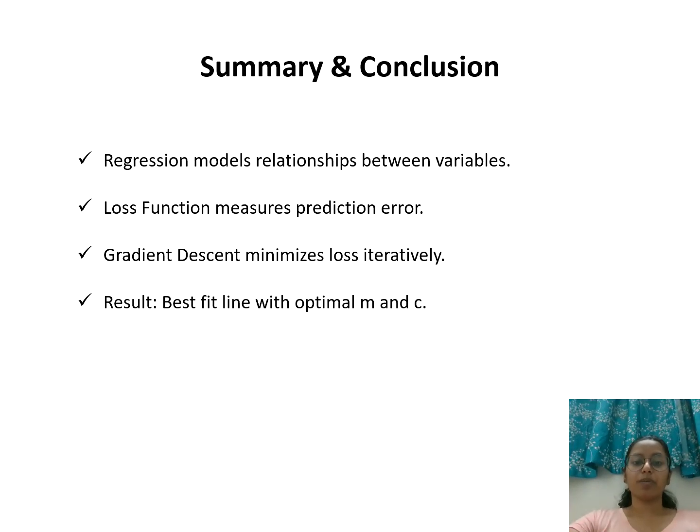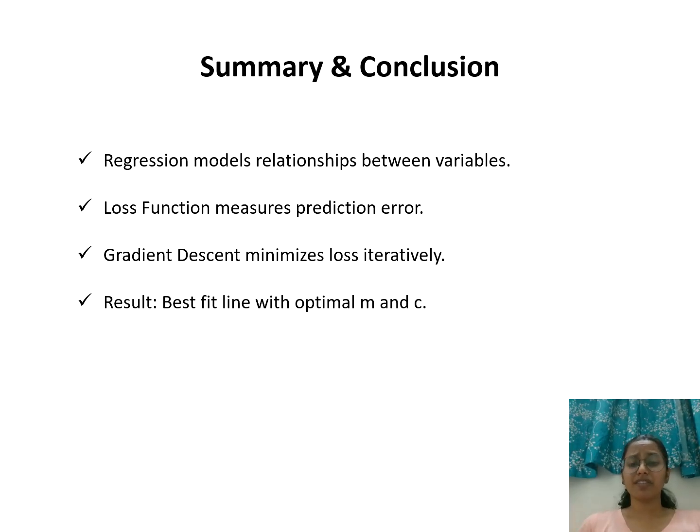Then we talked about optimization, the heart of machine learning, and that's where gradient descent plays a key role. Gradient descent continuously adjusts the model's parameters, learning from the errors, and keeps improving until it finds a sweet spot where loss is at its minimum. The result is the best fit line, which represents the most accurate relationship between the variables.